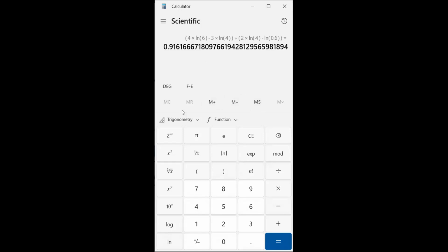Oh, I see, I made a mistake. That should have been 0.6. I missed a decimal point, and I need a grouping symbol, so let's try again.